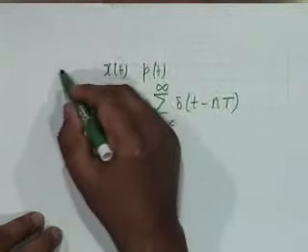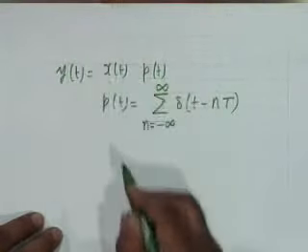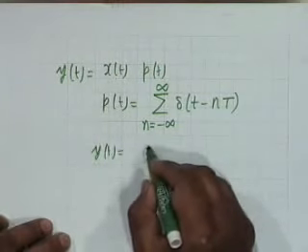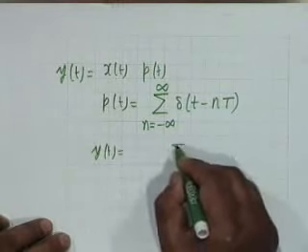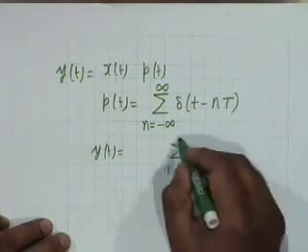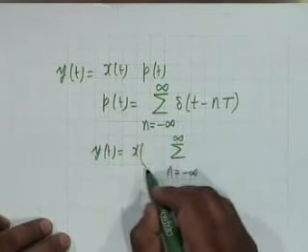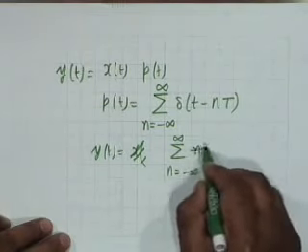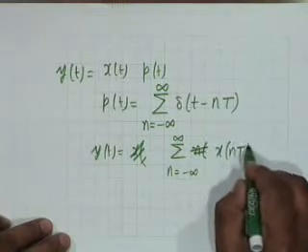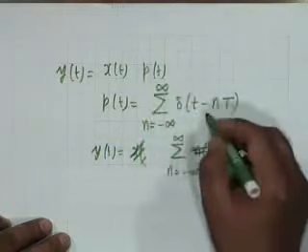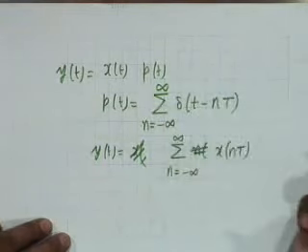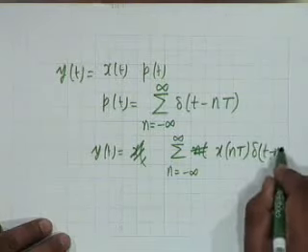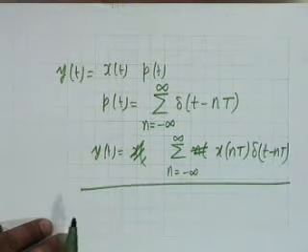And therefore, if we call the sampled signal y of t, then the resulting signal can be simply written as, would somebody object to this? The summation over n from minus infinity to infinity of x of nT, I beg your pardon, x of nT multiplied by delta of t minus nT, because the delta function exists only at t equal to nT. This is the sampled function.